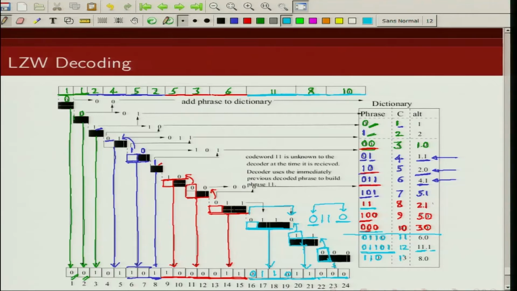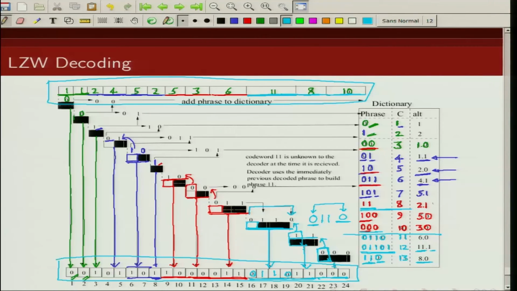This can be written as concatenation of 1 1, which is code word number 8, with this innovation symbol 0. So note that this particular sequence has been decoded into a string like this. Okay. So with this we conclude our discussion on the Lempel-Ziv Welch algorithm. Thank you.